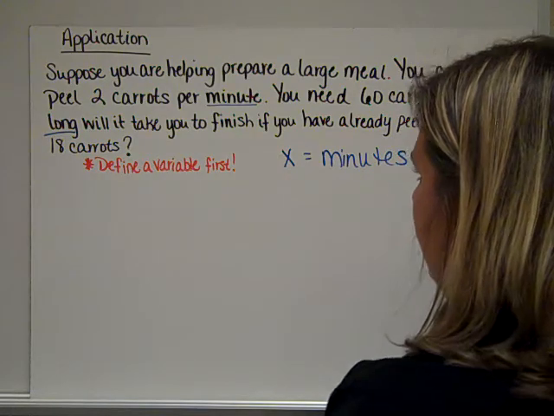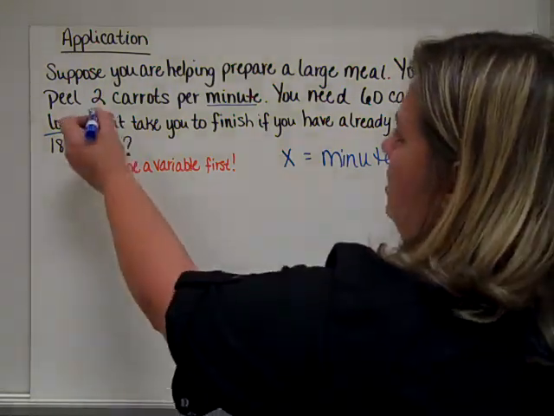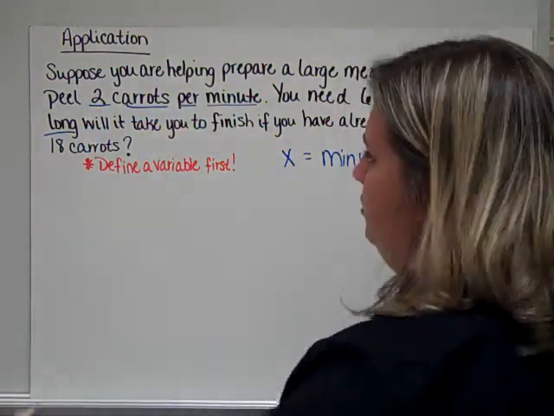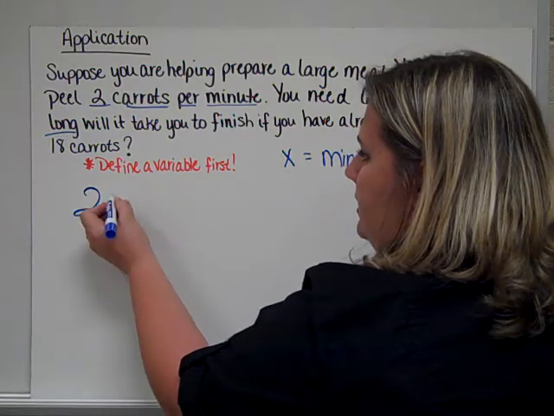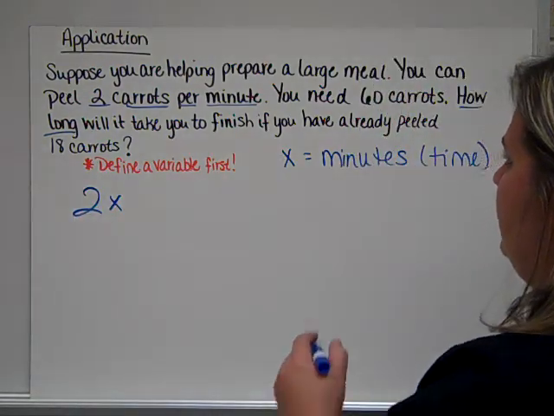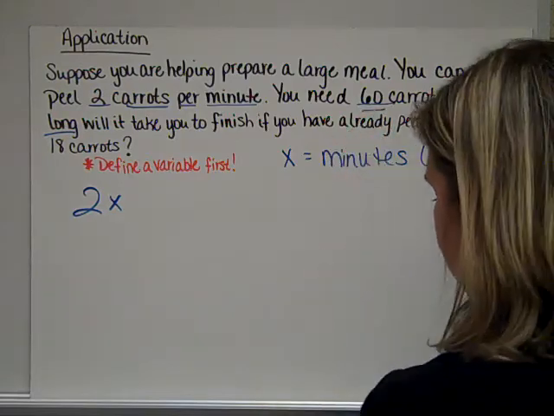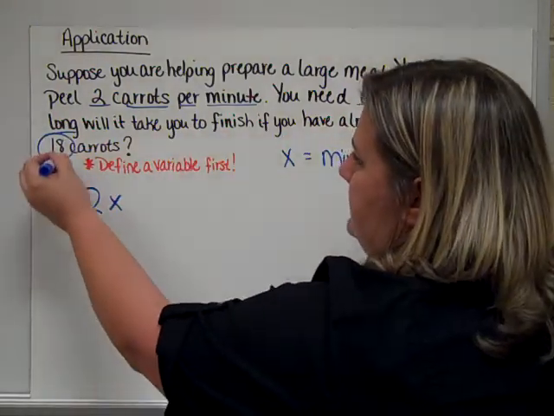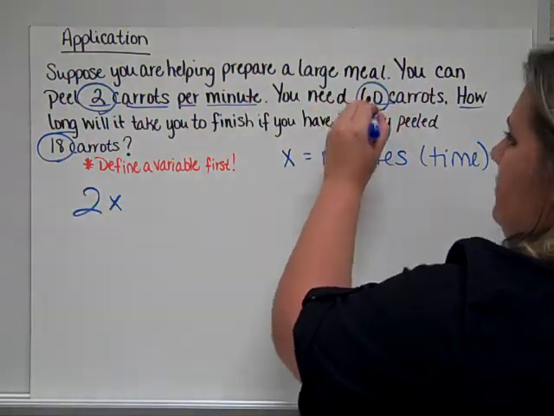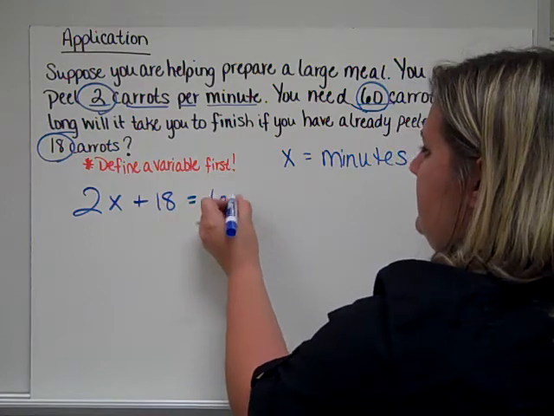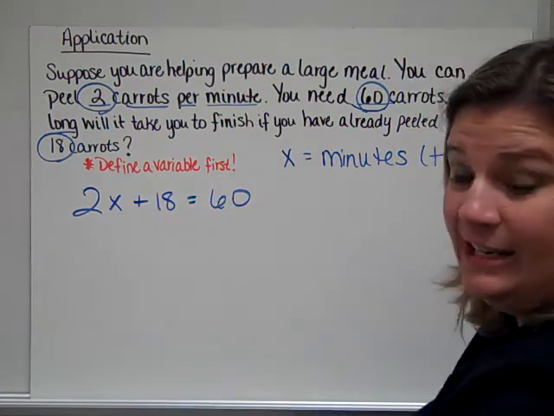So now I know I have 2 carrots per minute. And remember, per means multiply. So 2 carrots per minute. I need 60 carrots. And I have already peeled 18 carrots. So I've already done 18, and 60 is the total that I need.